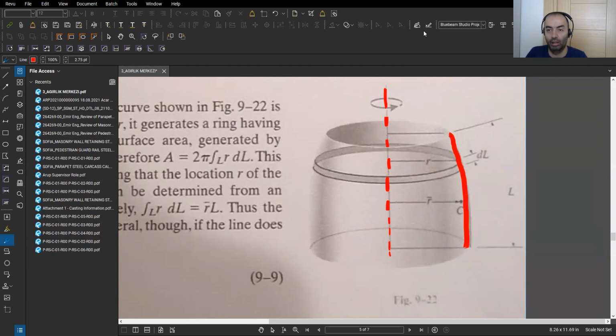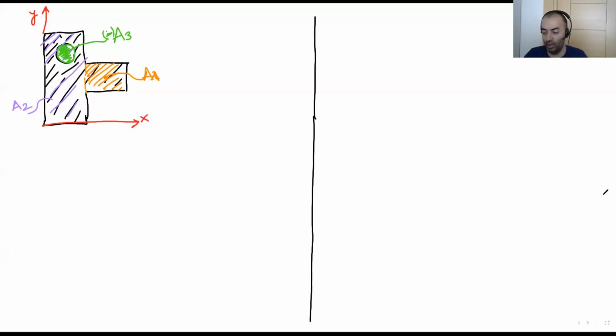So let's go back, stop the share and share screen, whiteboard. Okay, we have a theory. What is it? Pappus-Guldinus. It's interesting. You don't have to know this name.